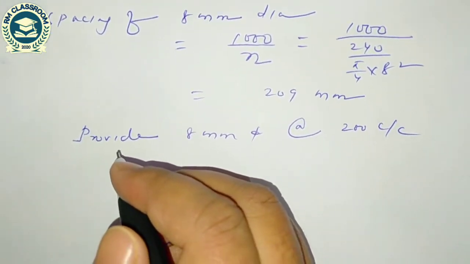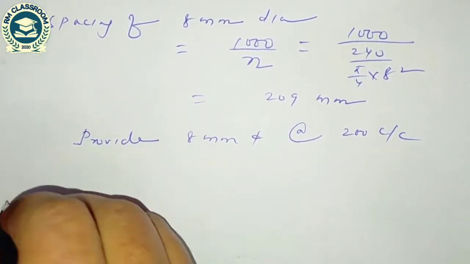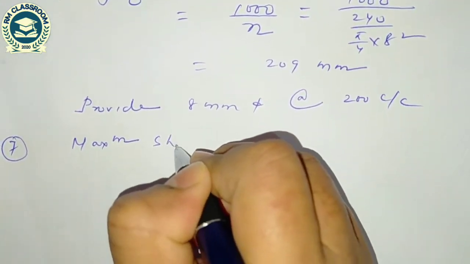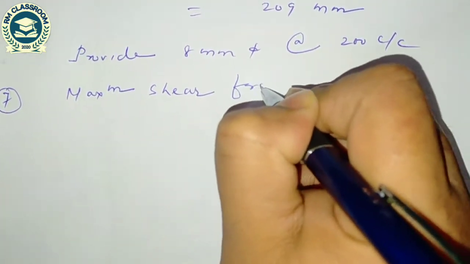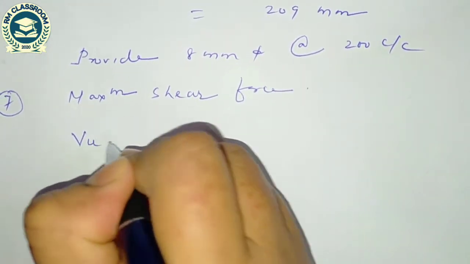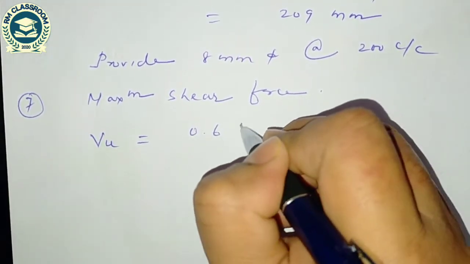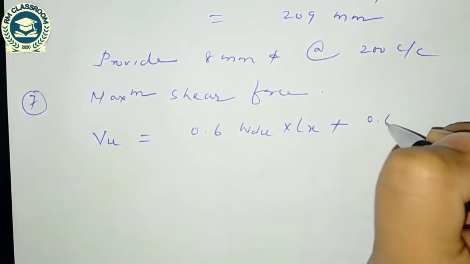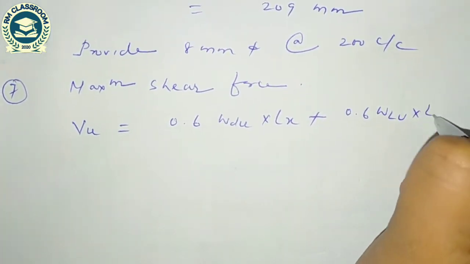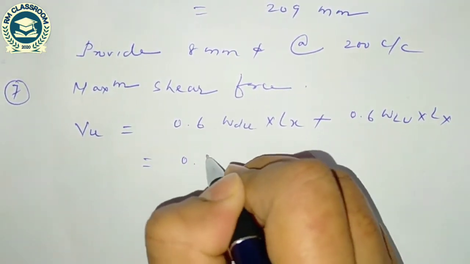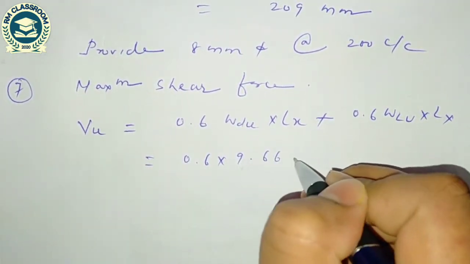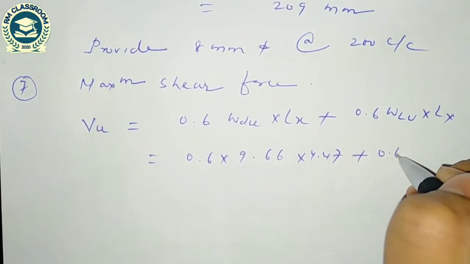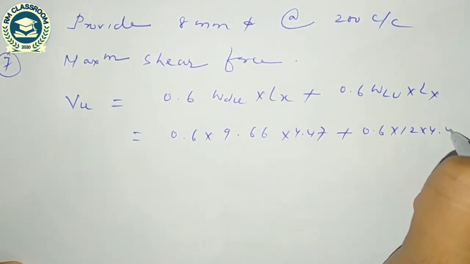Similarly, maximum shear force can be computed. So Vu is the maximum shear force according to IS code, 0.6 into WDL into Lx plus 0.6 WLL into Lx. So it is 0.6 into 9.66 into 4.47 plus 0.6 into 12 into 4.47.